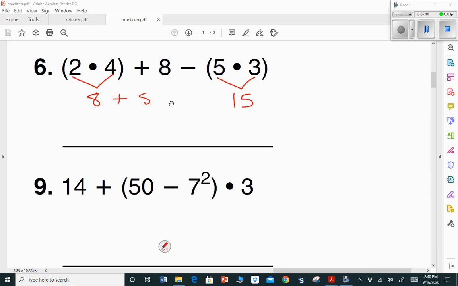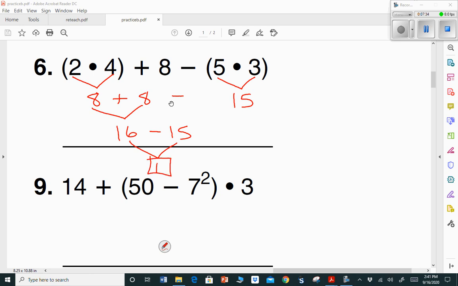Bring down the plus 8 and the minus. Now we're left with addition and subtraction, which we will do in order from left to right. 8 plus 8 is 16. Bring down the minus 15, and 16 minus 15 is 1.